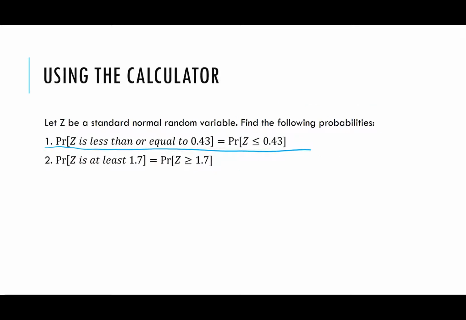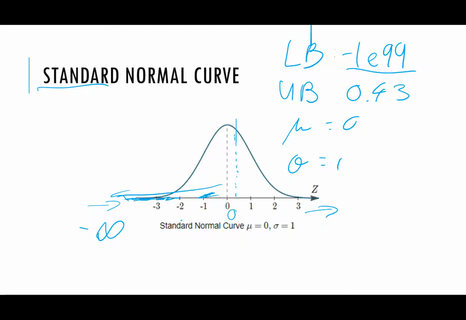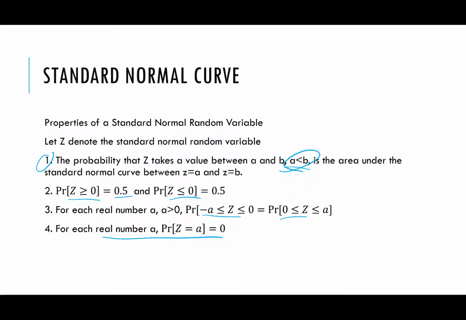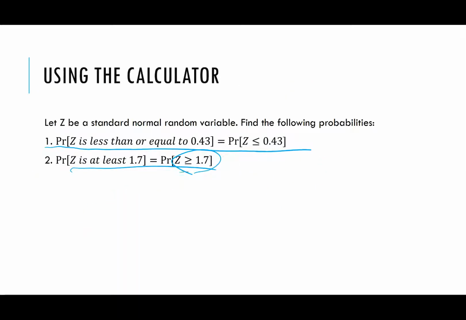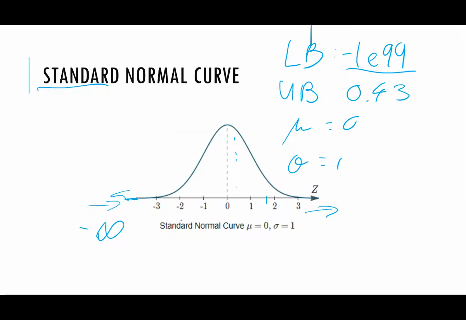If it tells you to find the probability of at least 1.7, or bigger than 1.7, then visually speaking, 1.7 would be something like here. If you're talking about all the values greater than 1.7, then 1.7 is the lower bound and you go all the way up to positive infinity. So your lower bound would be 1.7 and your upper bound would be positive infinity.